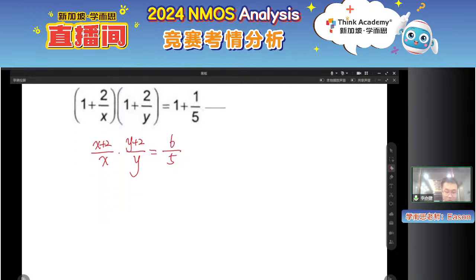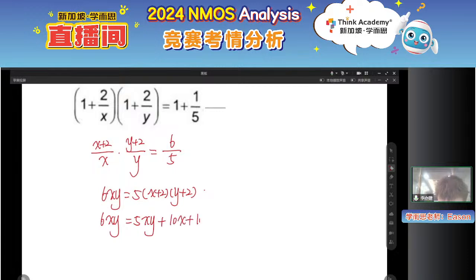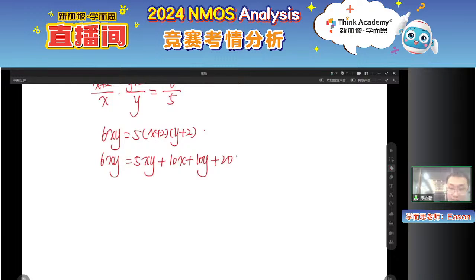Then we simply do the cross multiplication to get 6xy equal to 5 times (x plus 2)(y plus 2). So 6xy equals 5xy plus 10x plus 10y plus 20. Now we move the xy terms to one side, so xy minus 10x minus 10y equals 20.